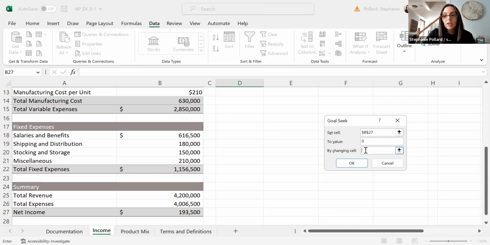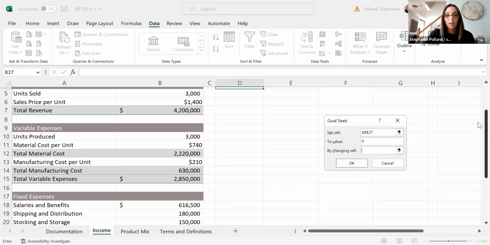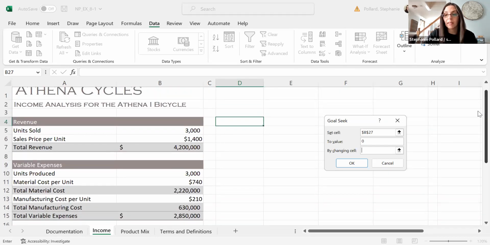And then by changing cell refers to which cell we are changing to figure out this answer. What we're focusing on in this particular question is how many units we have to sell to make this happen. So our changing cell is B5. That's the one we're trying to figure out: how many units do I have to sell and produce to break even here?